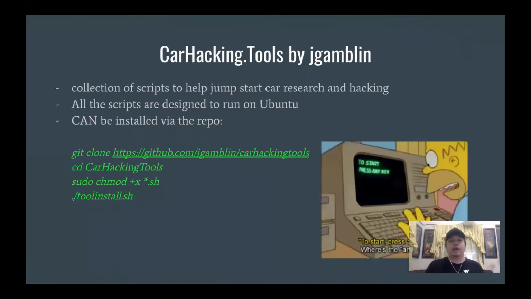If you don't have other car hacking tools installed in your Linux machine, you could clone this repository and then install some of the essential stuff that gets you into car hacking. Basically, it has scripts for automating and also some tools related to CAN utils.